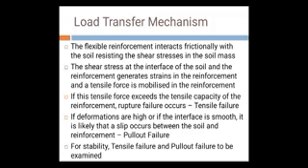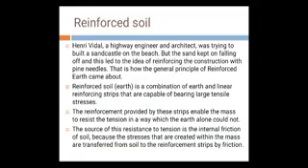For stability, tensile failure and pull out failure have to be examined, because whatever reinforcement we provide to the soil, these should be satisfied or examined before use. Then only can we do qualitative soil reinforcement. That is the load mechanism.